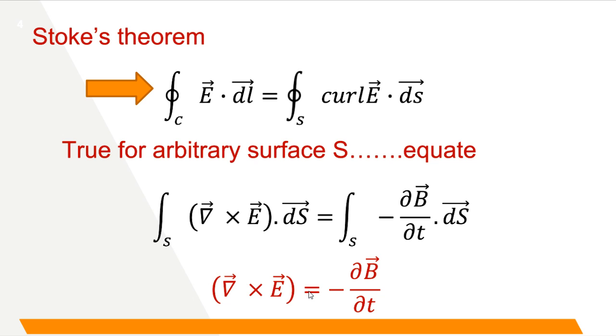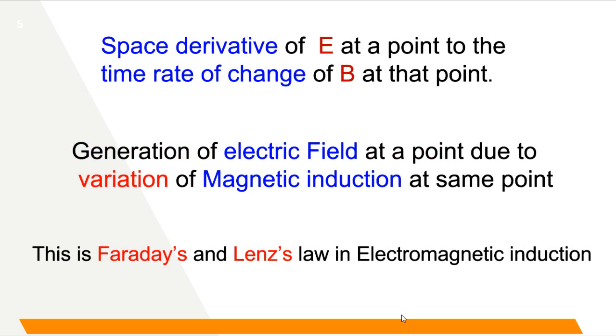So this is nothing but the production of the electric field at a point due to the variation of the magnetic field. In short, whenever the magnetic field changes, an electric field is going to be produced at the same point. That's what I have written here.